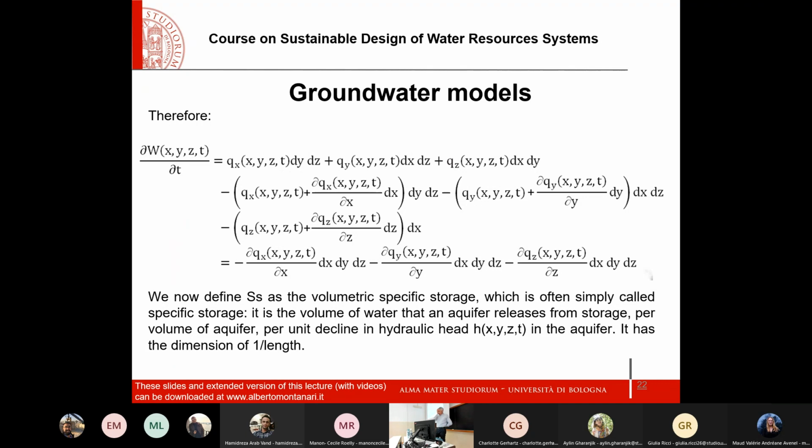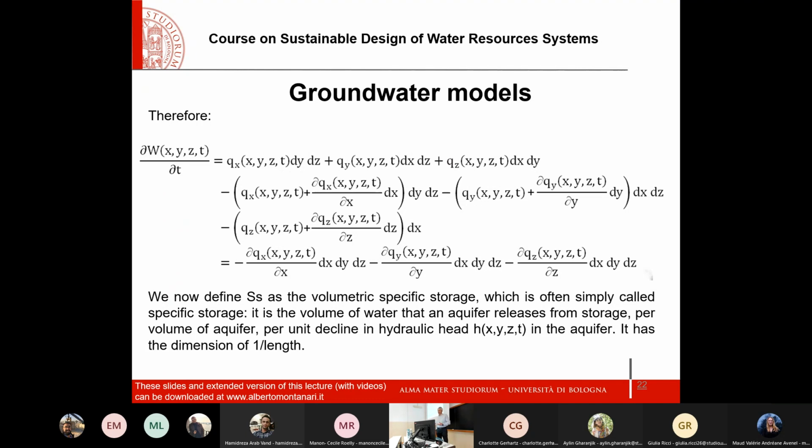Okay, also, what is the problem here? The problem is that I have one equation, which is expressed in 3 directions. So, one equation and several unknowns. I cannot resolve this equation alone.